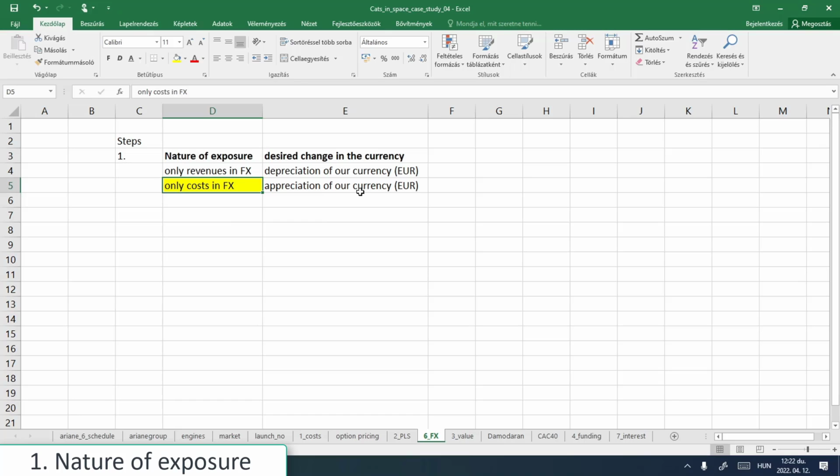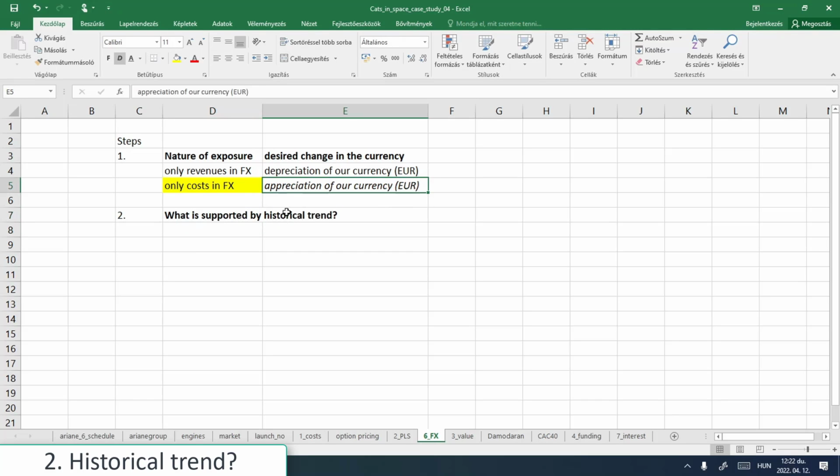At least my scenario has only cost in the foreign exchange rate, and that's why the appreciation of the currency is desired. Then, next step, what is supported by historic trend? So is this appreciation of my currency desired, and is this happening?